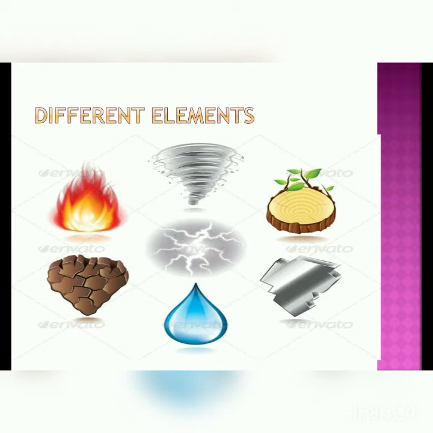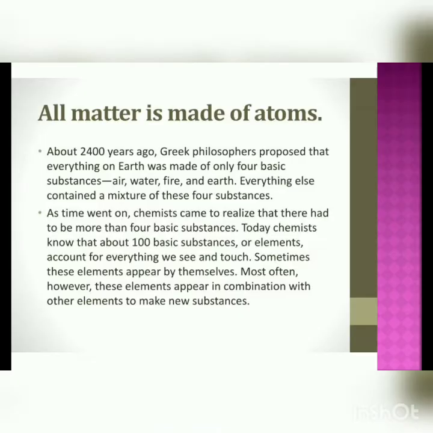These are a few examples of different types of elements: fire, wood, metal, water. Now, all matter is made of atoms.